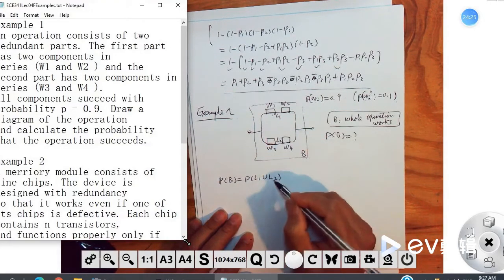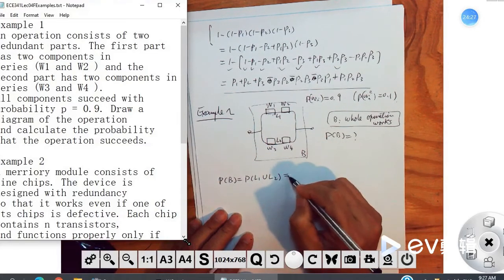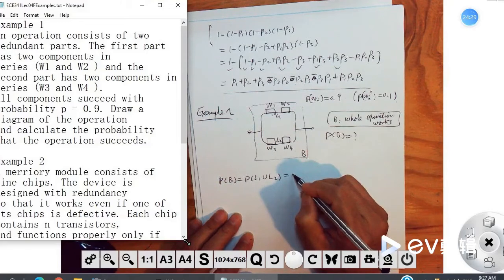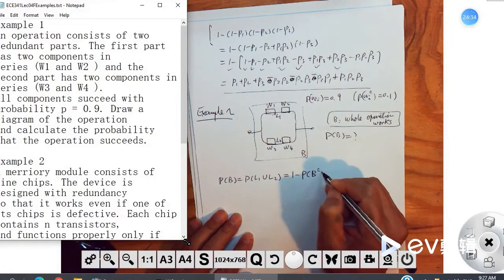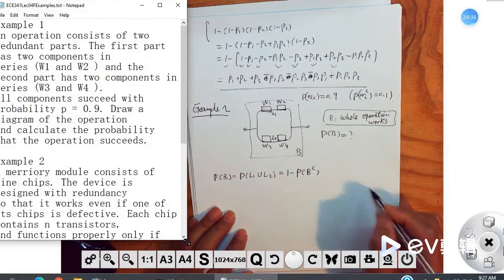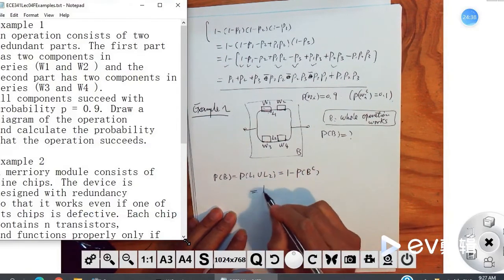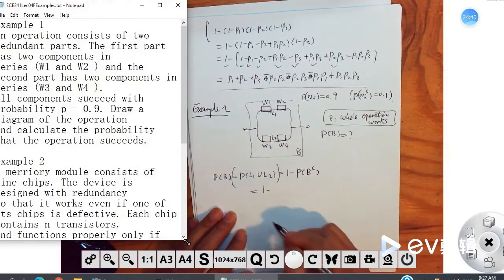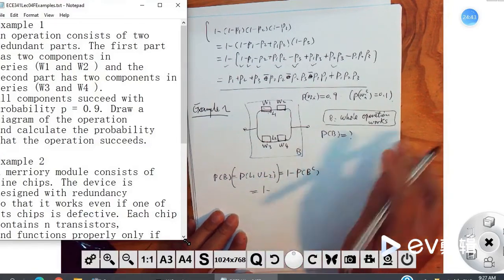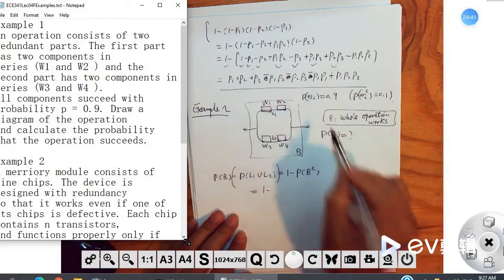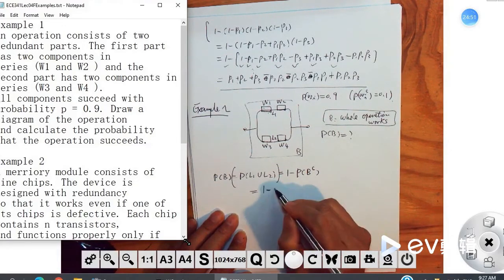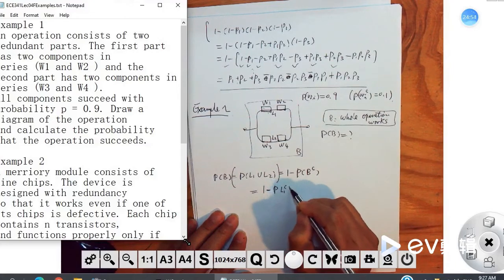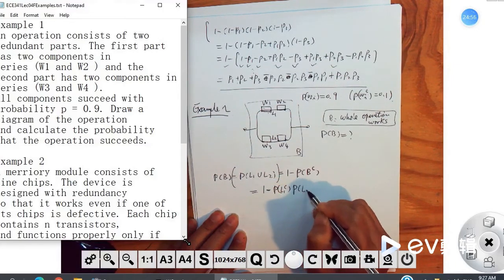So it's a union. I prefer another way: 1 minus the probability of B complement, meaning something is wrong. I can still use the earlier formula, but now I prefer this way. So 1 minus PB complement, that means P of L1 complement and L2 complement.